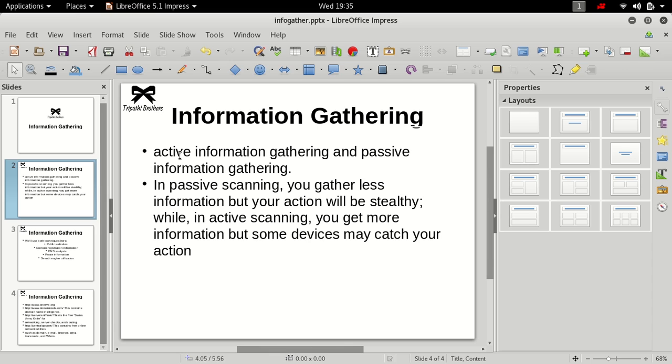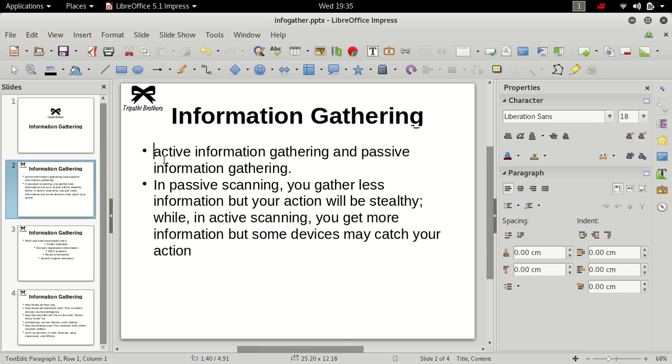There are two types of information gathering techniques: active information gathering and passive information gathering. In active information gathering, you directly try to get the information of any host or your target, while in passive information gathering, you try to get the information of your target indirectly.